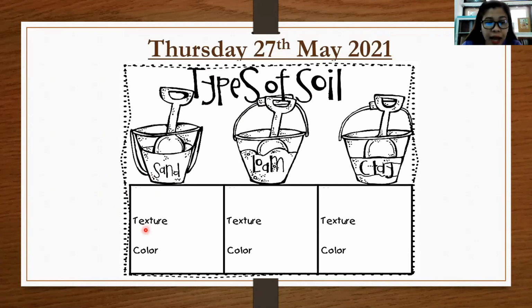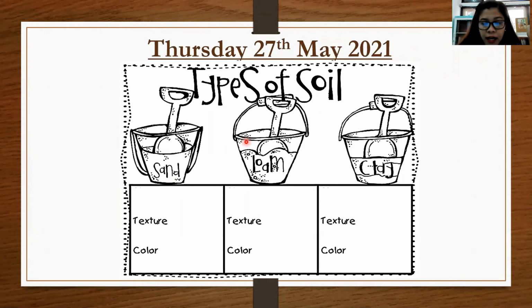Write the texture and color. If you wish to draw these three, you can, but if you don't want to, it's up to you. The important thing is you have this chart. Above you can write sandy soil, and write down texture and color.